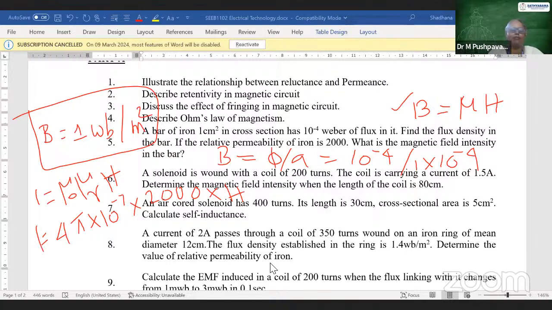What is the H value? B is 1, correct, Akash. Calculate the H value for this case and tell me.